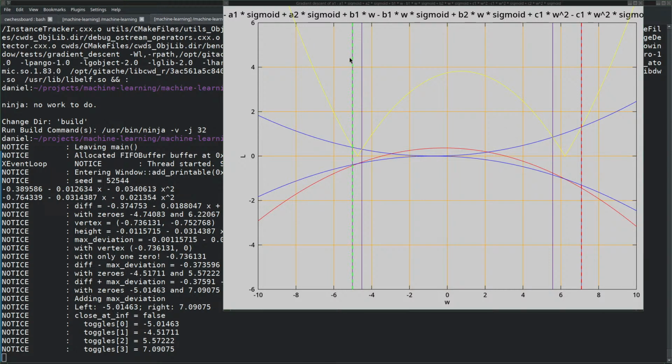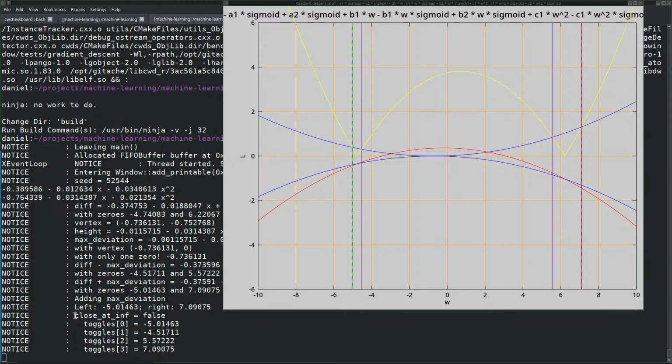And then the dotted lines are what my algorithm is calculating. As you can see, they exactly coincide. And then I wrote a new algorithm, which we just wrote, and that gives me these toggles.